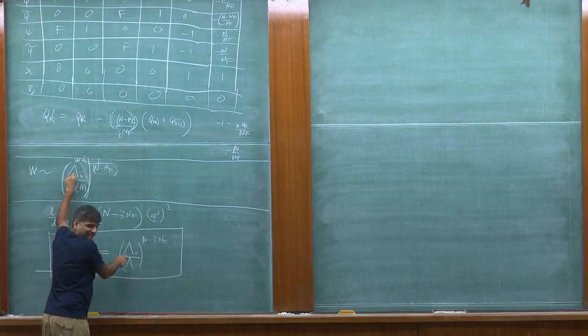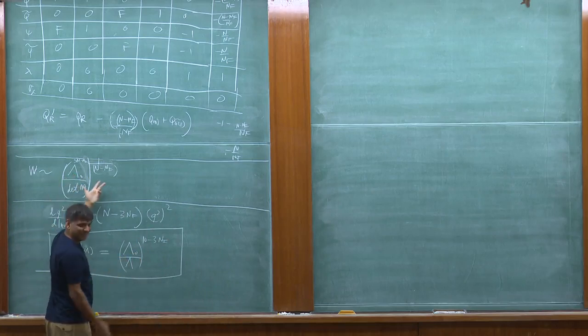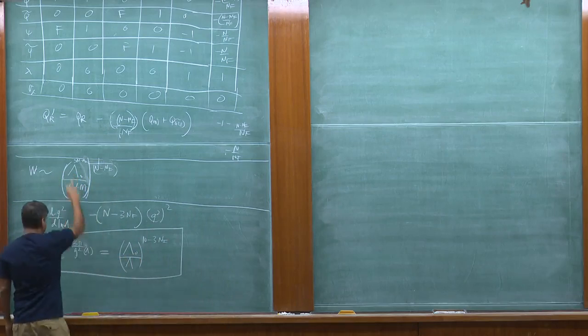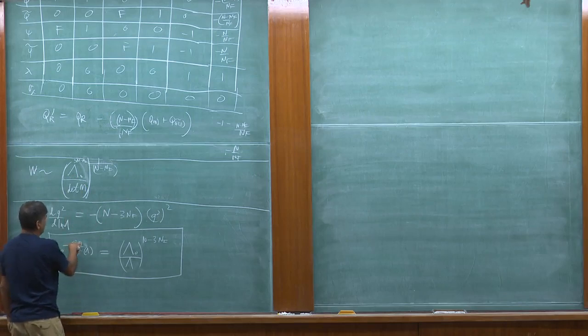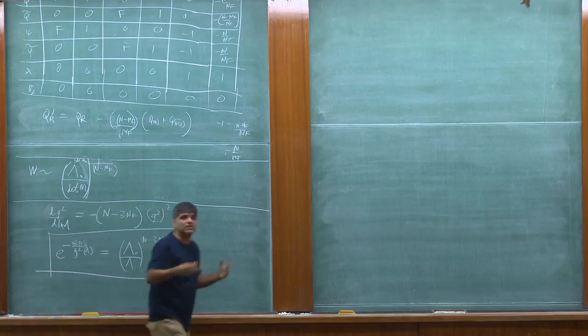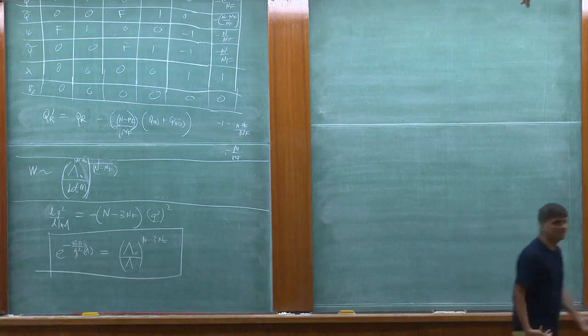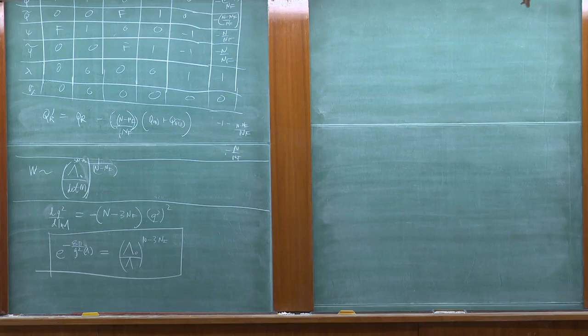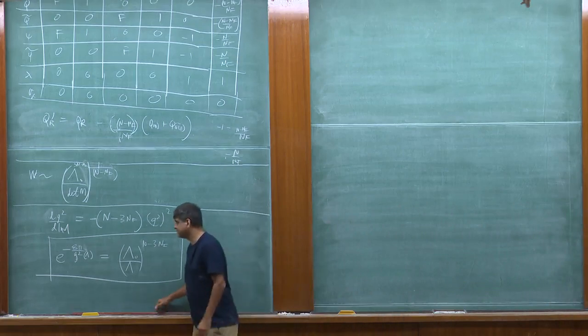It's the fixed scale in the problem, not some running scale, and that is the same as e to the power minus 8 pi by g squared, which is also what an instanton action is proportional to. Okay, fine. So this was a reminder of everything we discussed in the last class. Any questions or comments before we proceed?